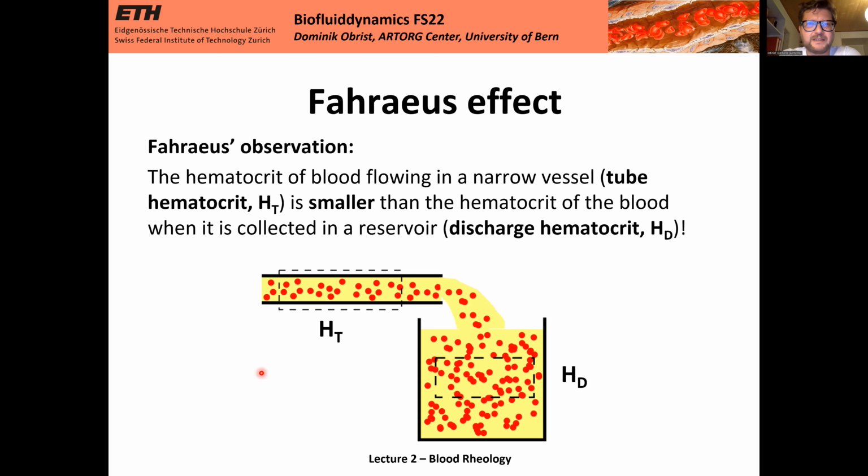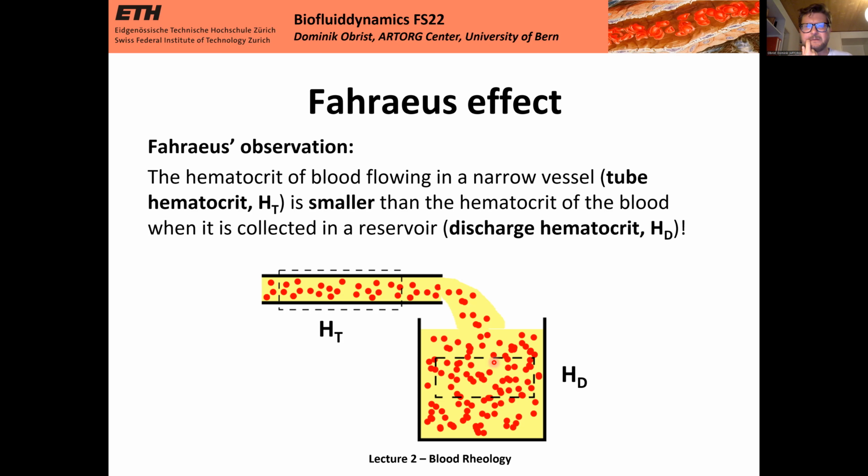Fåhraeus observed that the hematocrit of blood flowing in a narrow vessel, here in this sketch, narrow meaning typically less than 0.3 millimeters, the hematocrit of that blood, we call this the tube hematocrit, is smaller than the hematocrit we would measure in the same blood when it's discharged into a bucket.